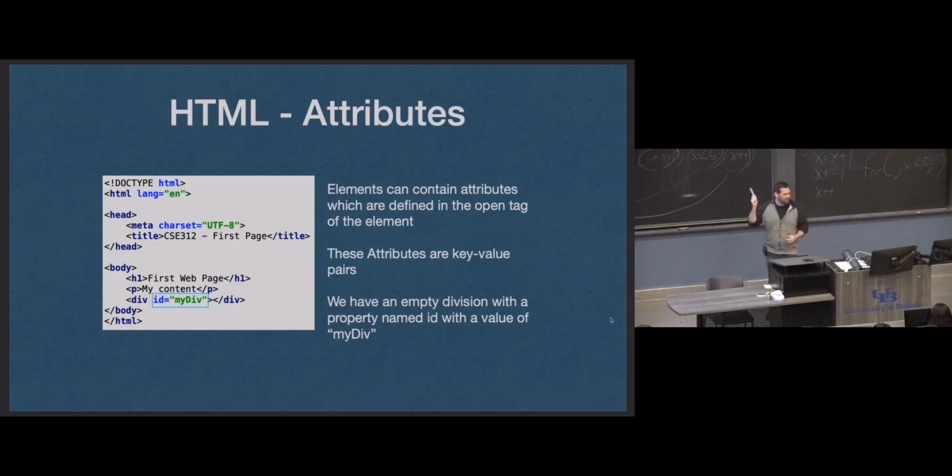I think XHTML does, anyway. But this is going to give us more functionality with HTML. So we have our elements defined by our tags, and those elements can have attributes added to them in the open tag using key value pairs.